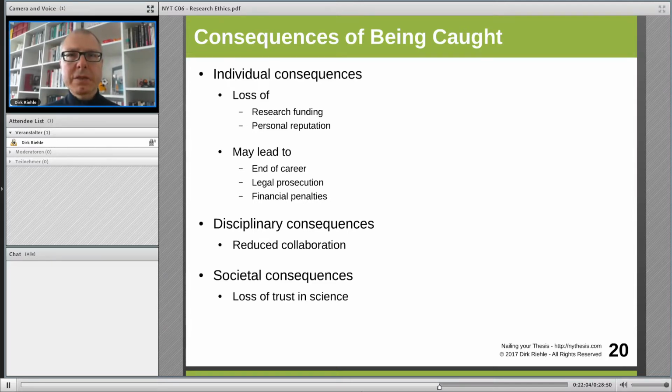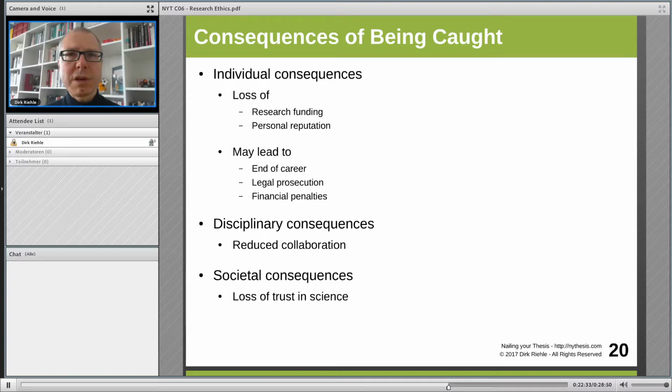So let's assume you got caught, or well, not you, but some scientists. The consequences in terms of harming the world probably happened, or hopefully not much did, but now the consequences are about the researchers suffering from their work having been recognized as fraudulent. The individual consequences are that the researcher might lose their funding.